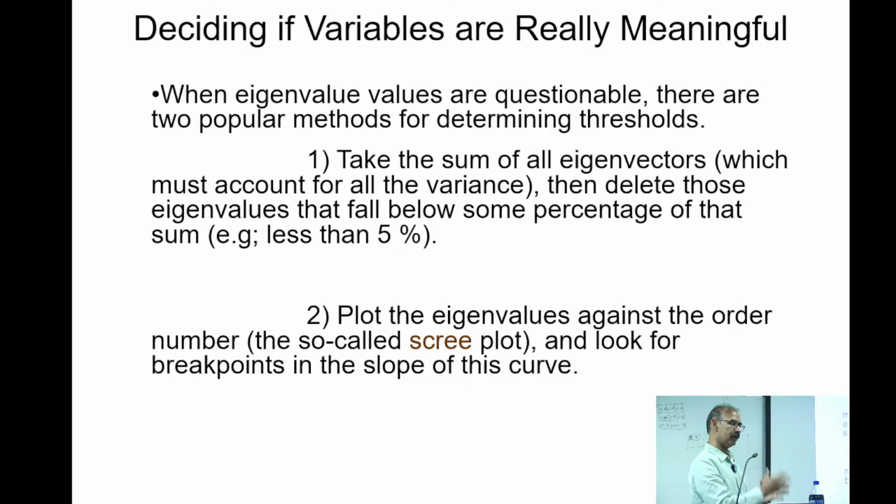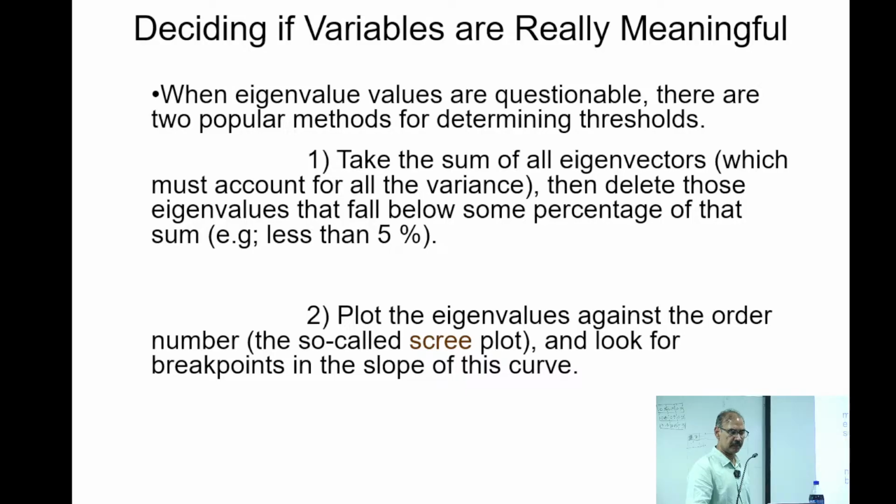So if you have a bunch of time series and the first 5 eigenvectors account for 90, it would mean that the first 5 eigenvectors account for 90% of the variance of the data, right? And therefore only 5 time series is enough to describe this data.